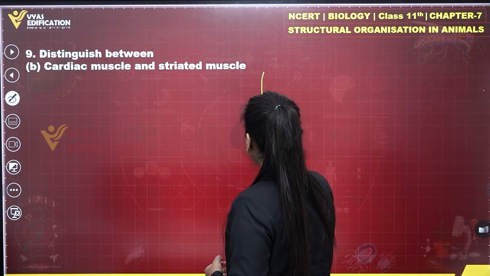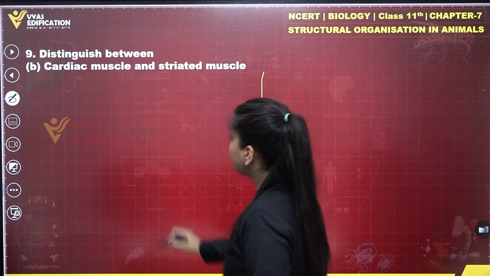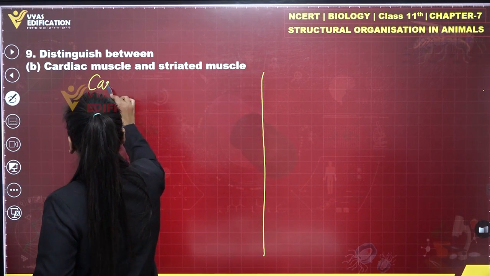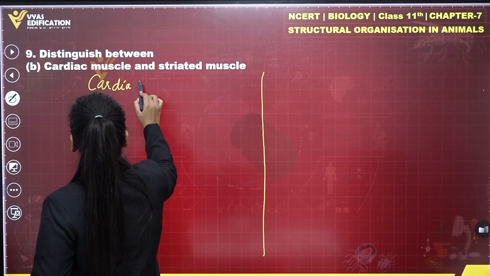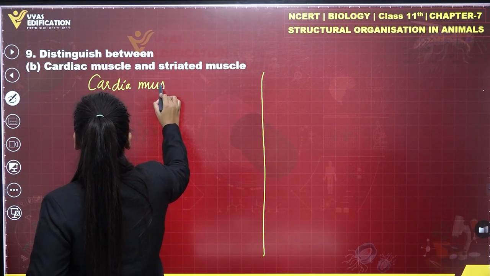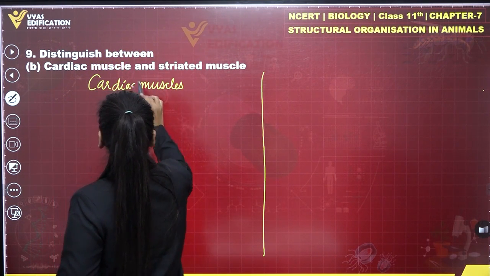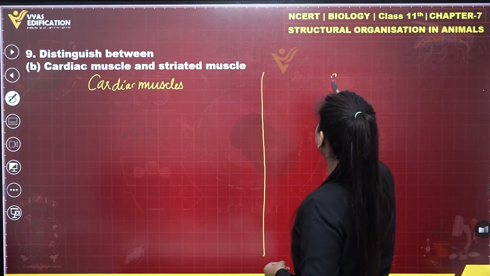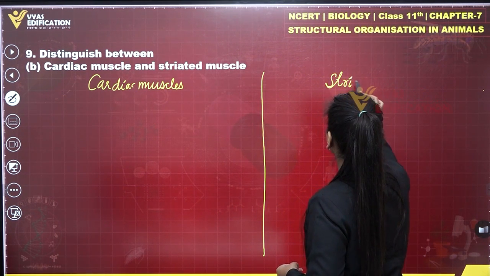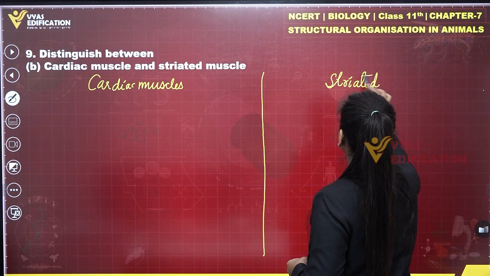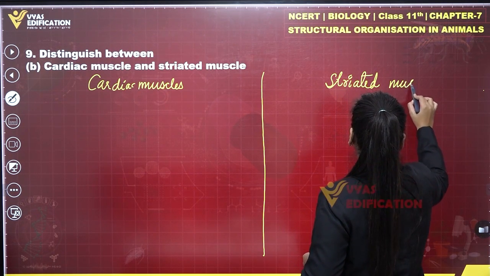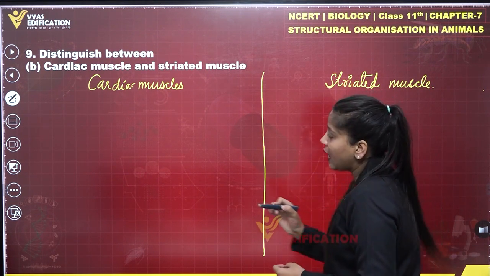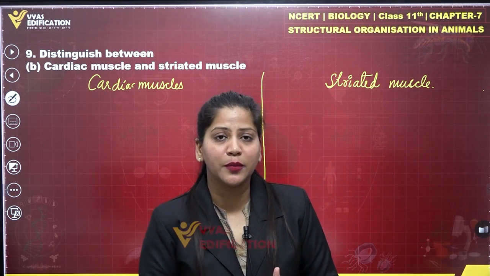Alright, so in the left column we are going to write about cardiac muscles, and in the right column we are going to write striated muscles. Now, what are cardiac muscles and what are striated muscles?